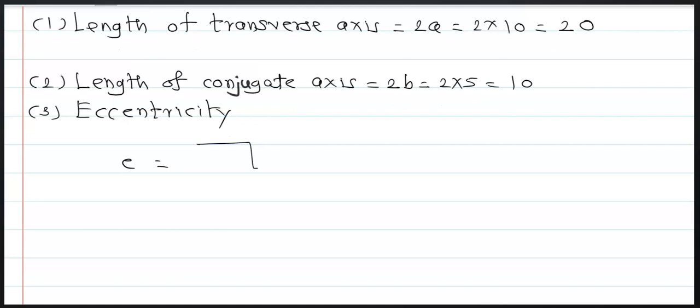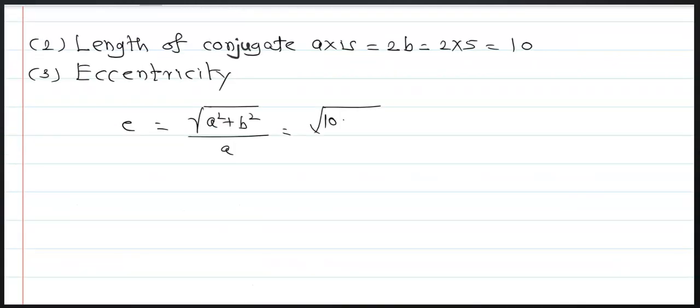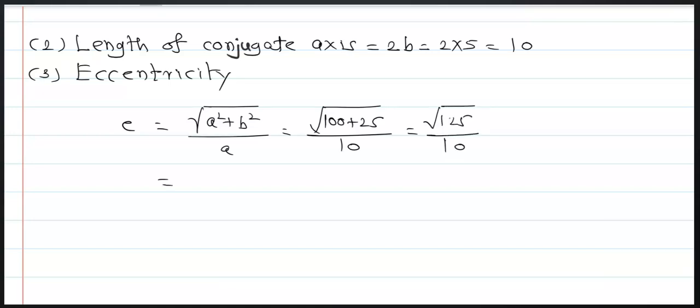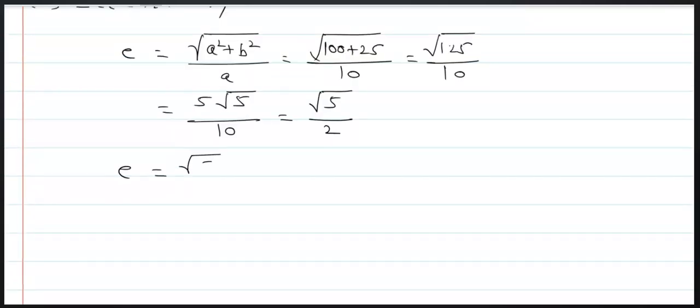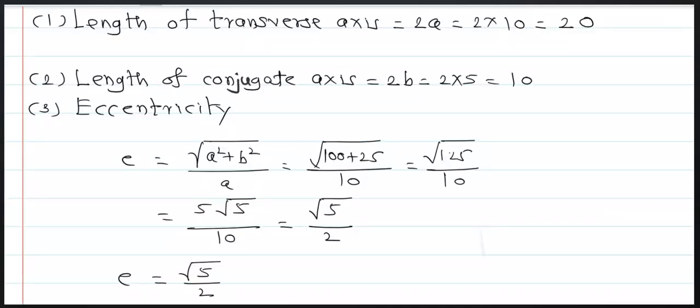Eccentricity e is equal to root of a square plus b square upon a, that is equal to root of 100 plus 25 upon 10, that is equal to root of 125 upon 10, that is 5 root 5 upon 10, that is equal to root 5 upon 2. Therefore, e is equal to root 5 upon 2.